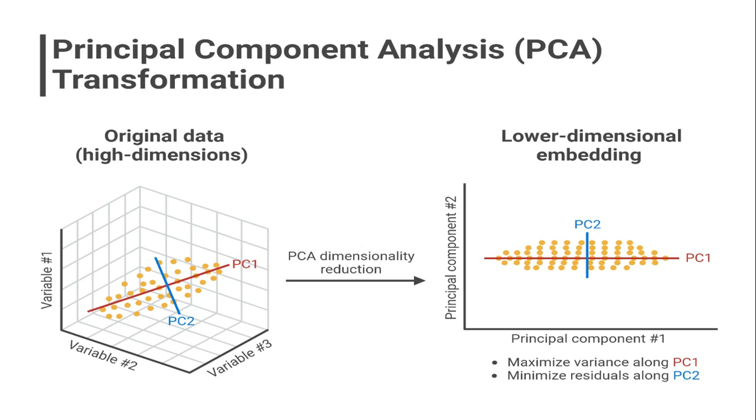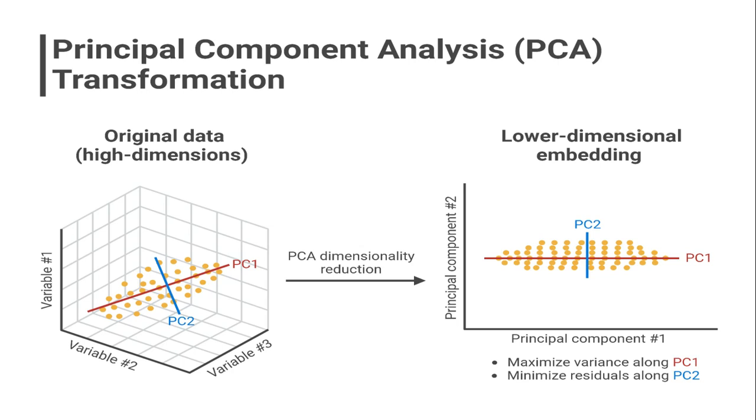PCA is dimensionality reduction. You have 3 dimensions, then we are going to reduce the dimension size. Lower dimensional embedding: we have principal component 2 on the y-axis, principal component 1 on the x-axis.